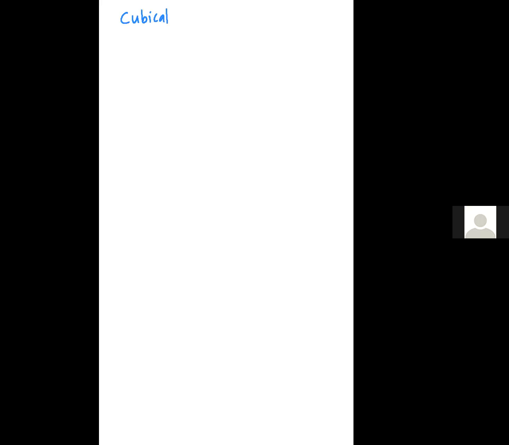Study cubical expansion. Clear? So we have discussed linear expansion. Linear expansion is one-dimensional. Next, the area or superficial expansion. Clear?